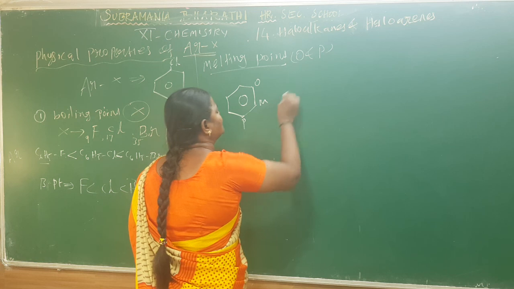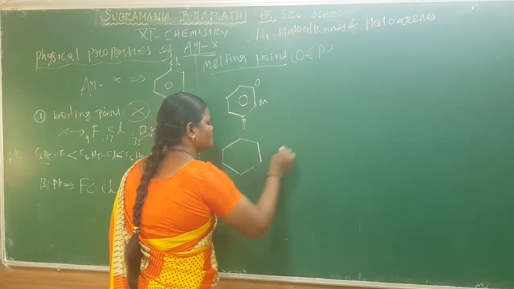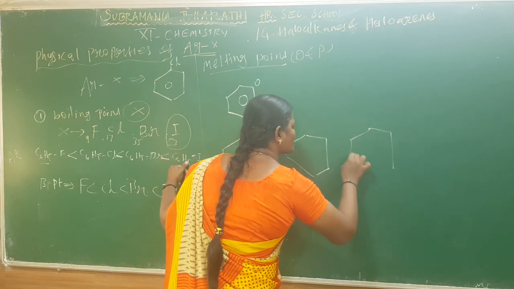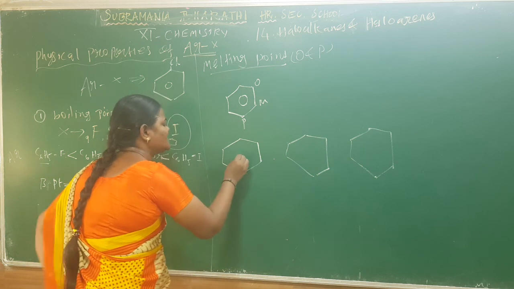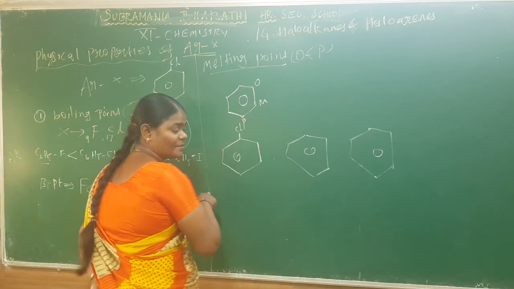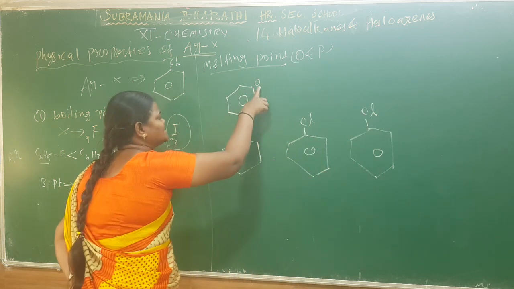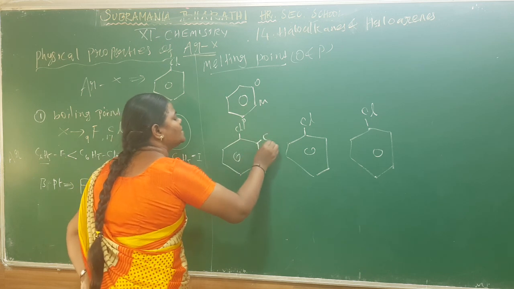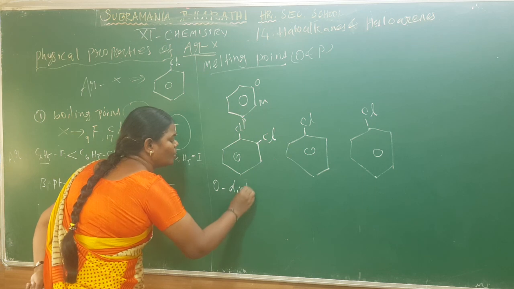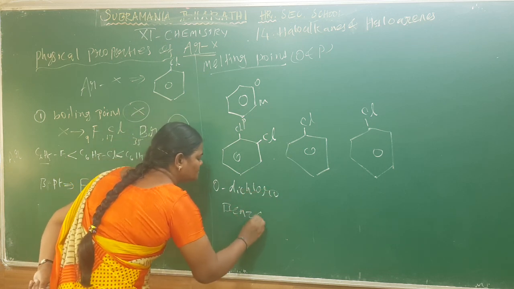I can write here our benzene ring. All are benzene rings. I am generally taking chlorobenzene. This is also chlorobenzene, and this is also chlorobenzene. Just replacing, with chlorine attached at the ortho position, it is ortho-dichlorobenzene.